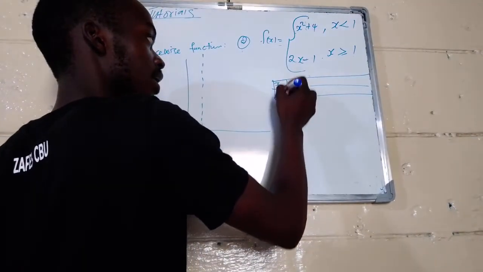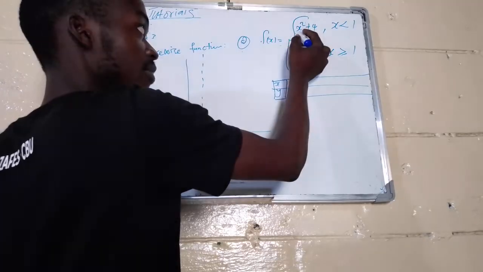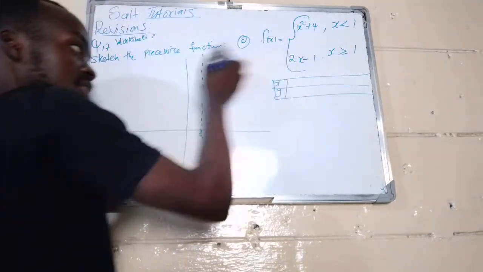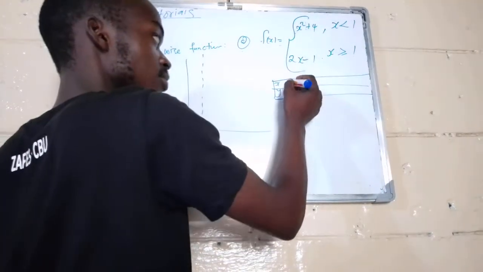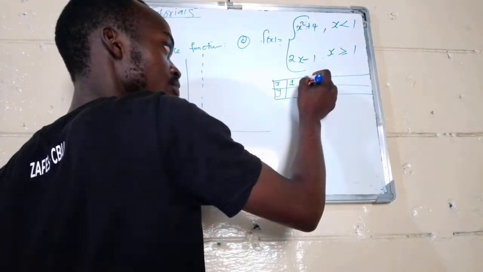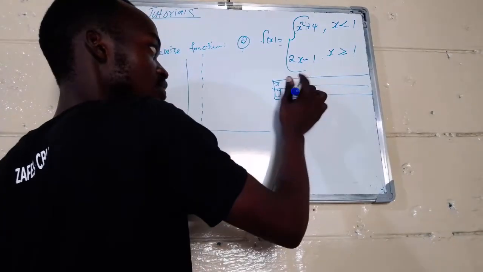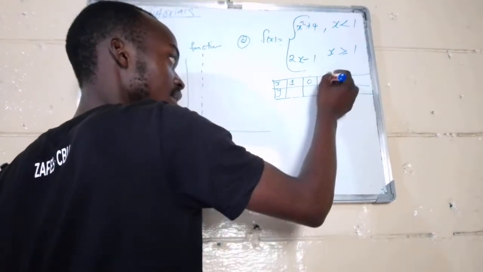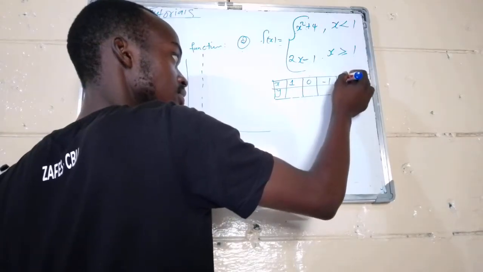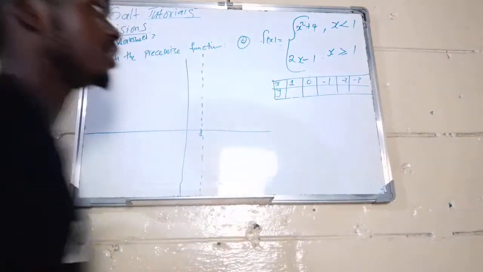X, 1. Since I'm looking at the left side, less than 1, I'm talking about from 1 going to my left side. So 1, 0, negative 1, negative 2, negative 3.